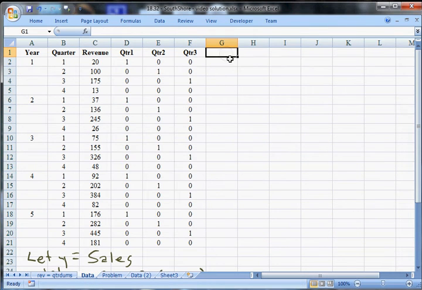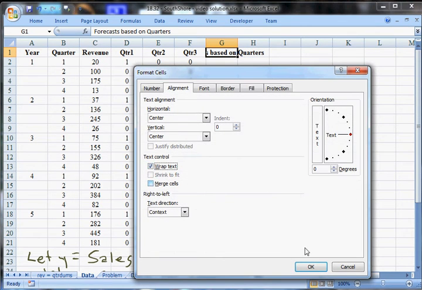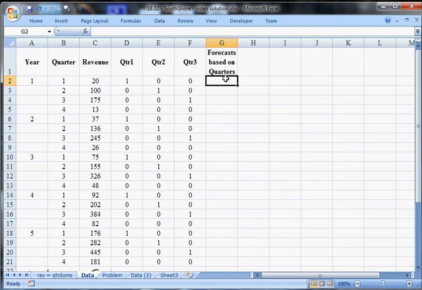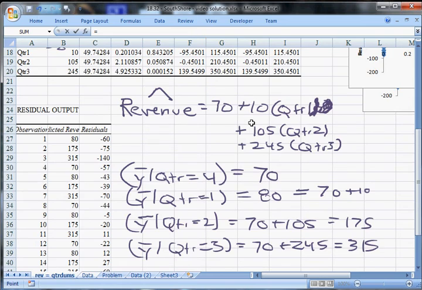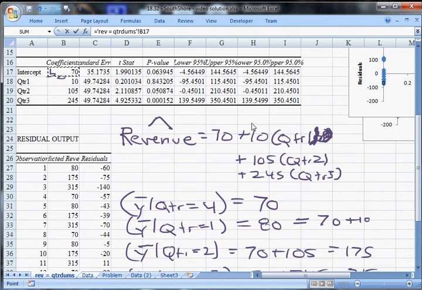So it asked us to make some forecasts. Let's make some forecasts. Okay, so what is our forecast? Well, we just have the quarter dummies and the intercept. So this is going to be the intercept, which is 70.